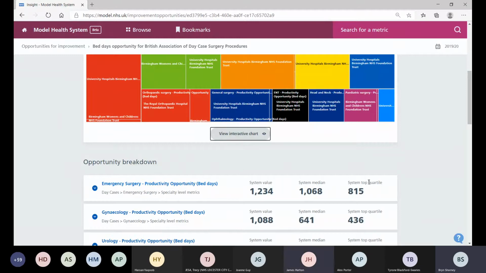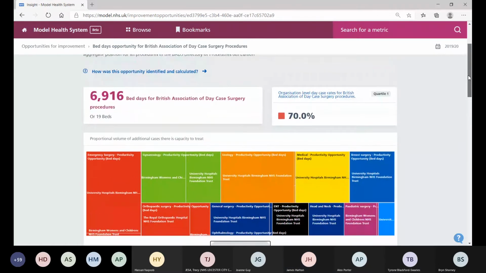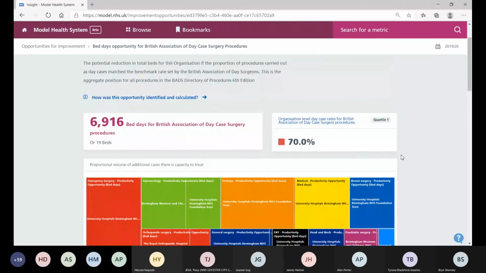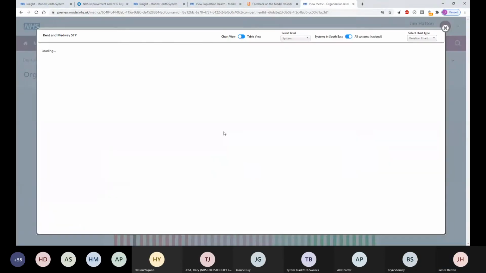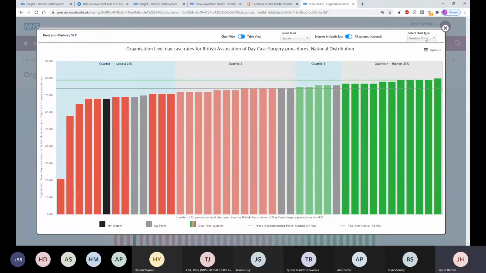Cool. One second. Can everyone see that?